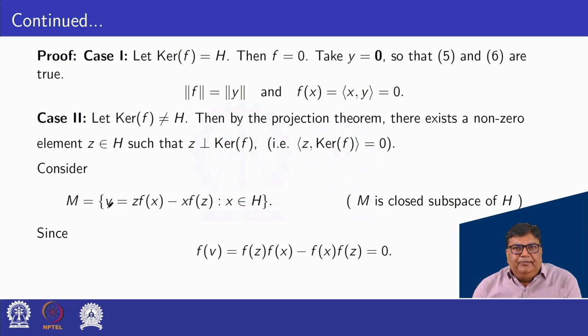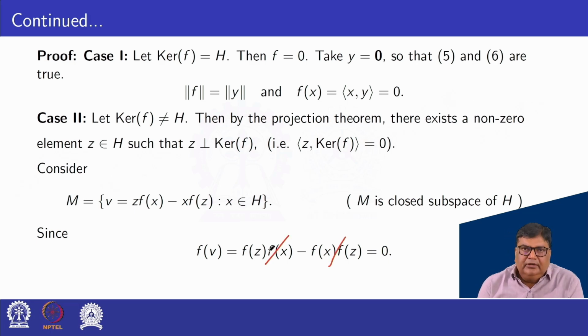Since f of v is equal to f of z into fx minus f of x into fz. Okay, because here fx and fz are scalars because this is a functional. So we can write f of v is equal to f of z into f of x minus f of x into f of z. It is both the same, so this cancels out.